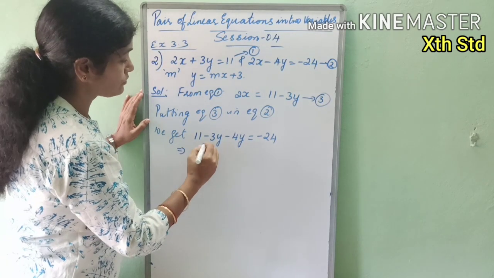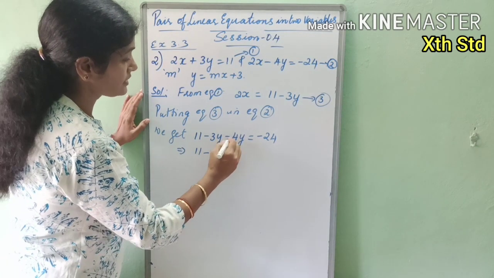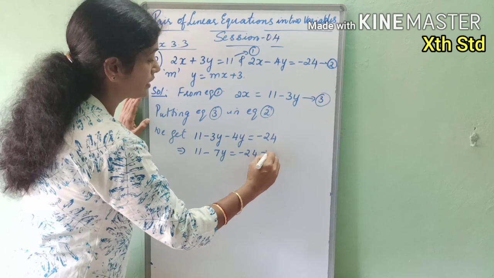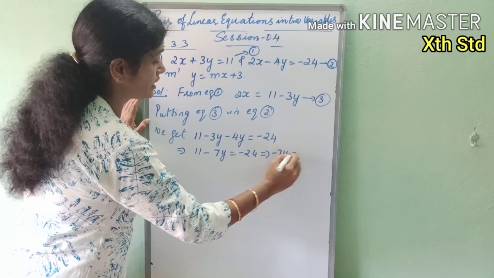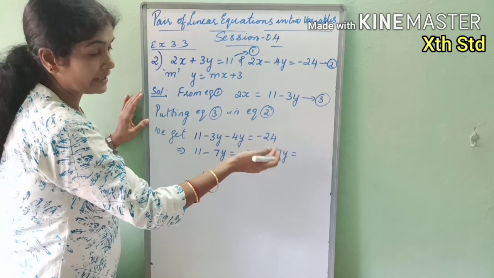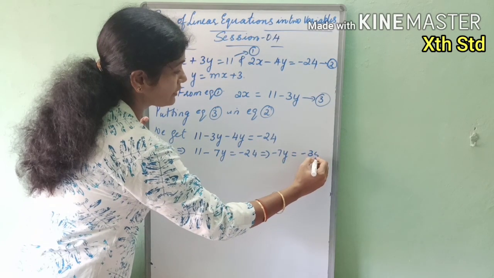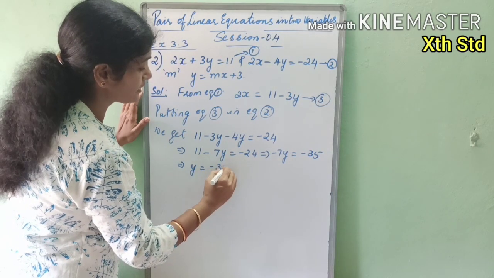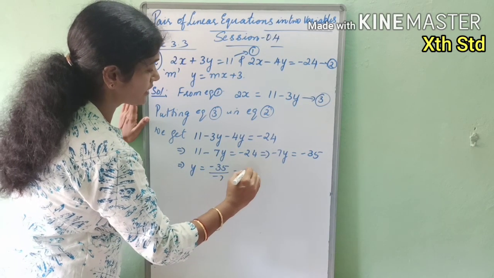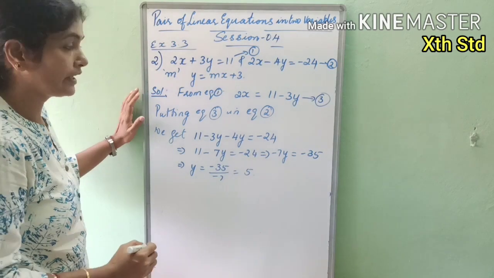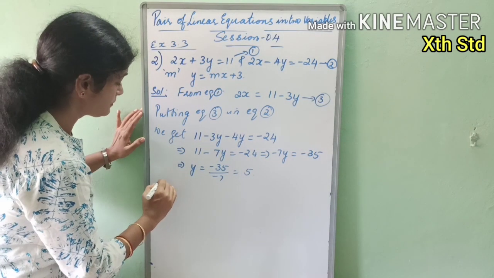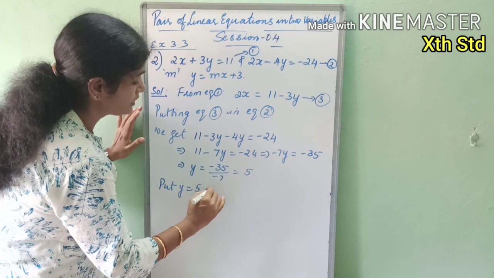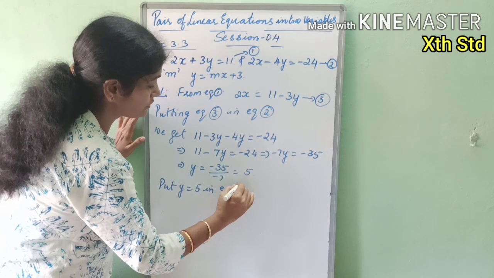So this implies 11 minus 7y is equal to minus 24, implies minus 7y is equal to minus 24 minus 11, which is minus 35. So y is equal to minus 35 by minus 7, that is 5.